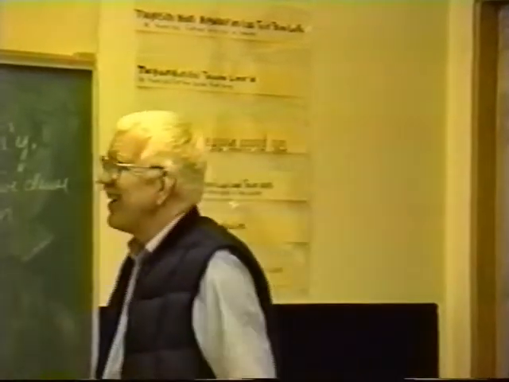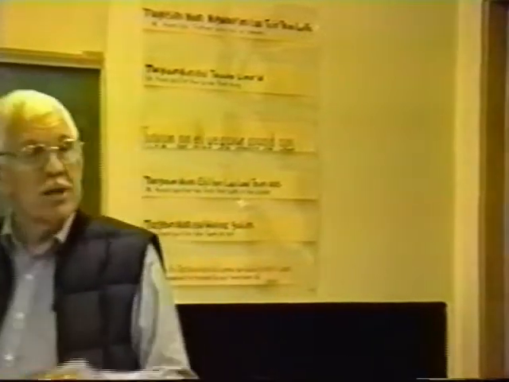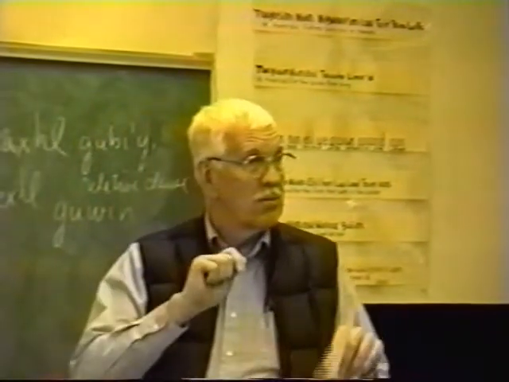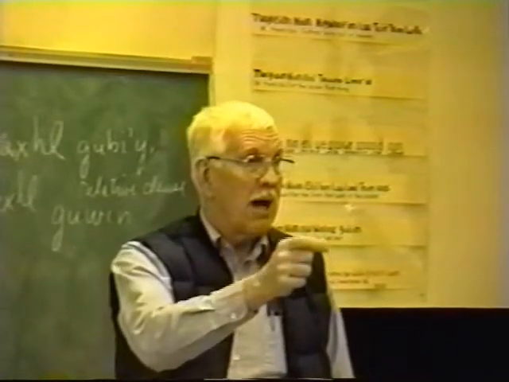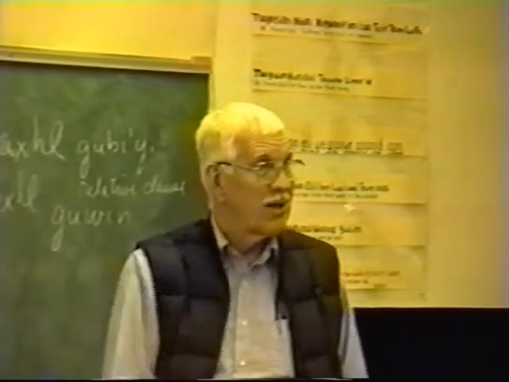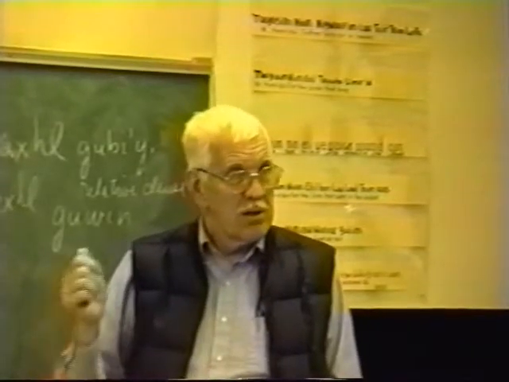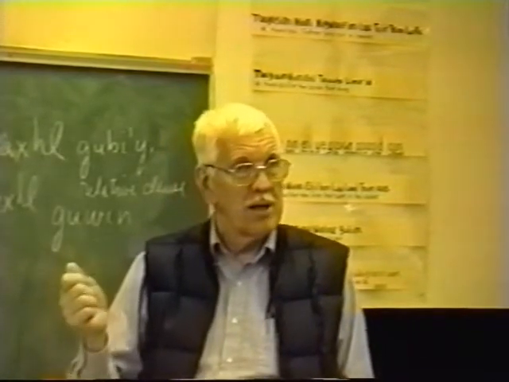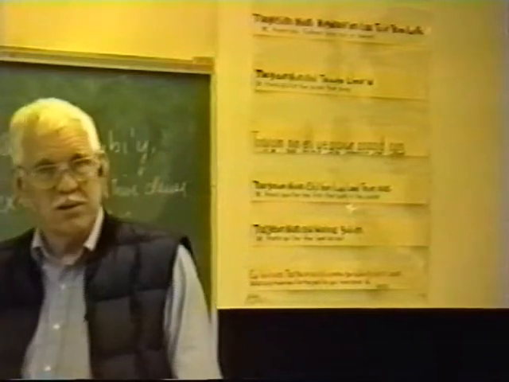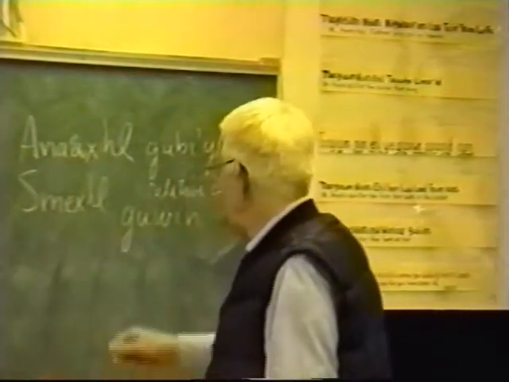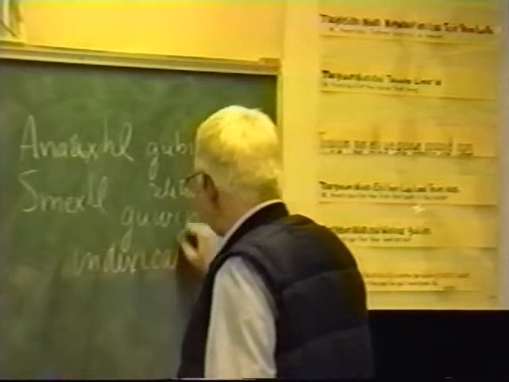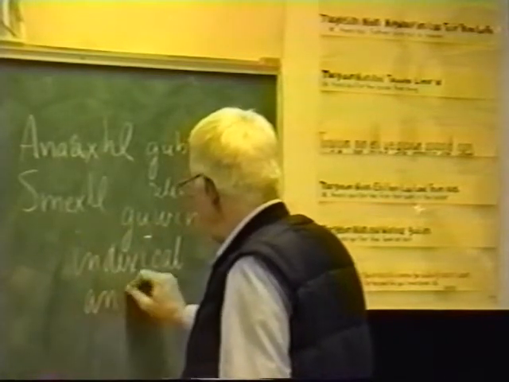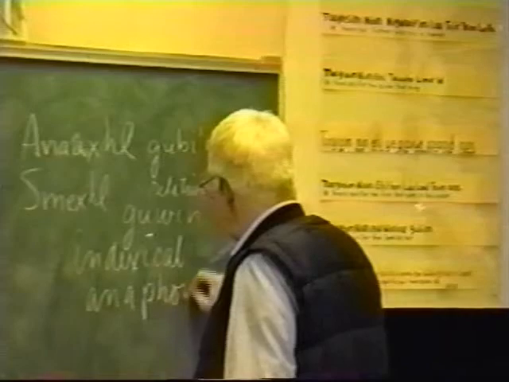Because words like I and you and so forth change their meaning every time the speaker changes in a conversation. Those pronouns are what's called indexical rather than anaphoric. I'll just put this for the linguist. Those pronouns are indexical pronouns. They are not anaphoric pronouns.